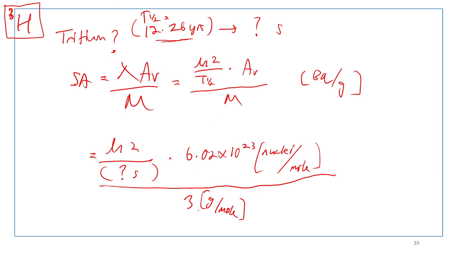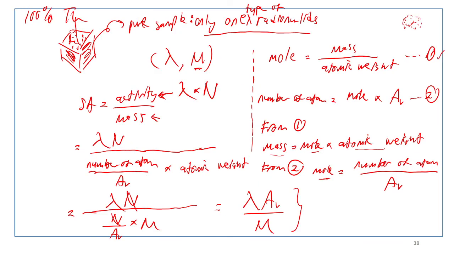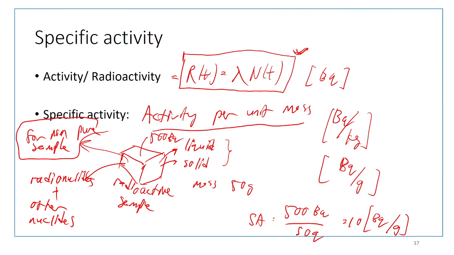So that's the meaning, and you calculate. If you perform the calculation, the final answer will be in becquerel per gram. That's one example of specific activity of a pure sample. So that's the specific activity.